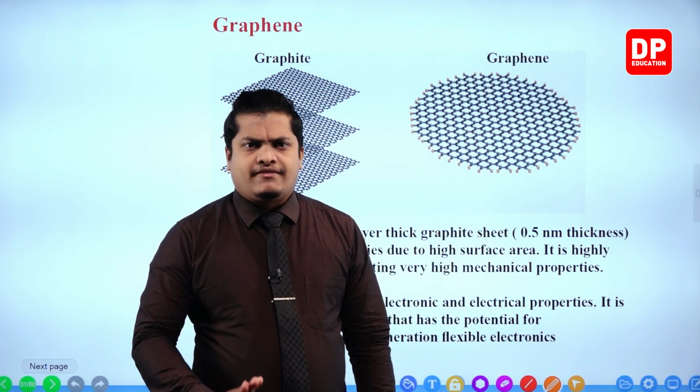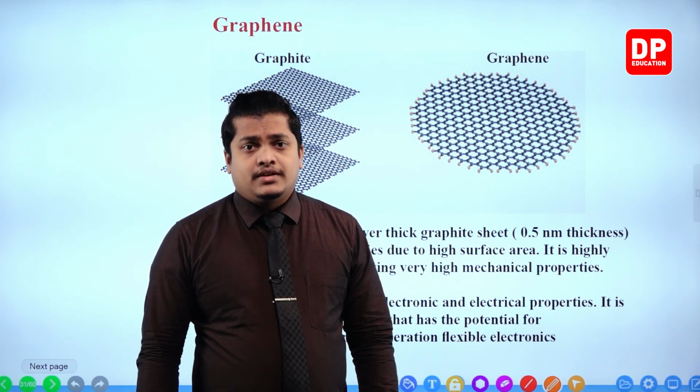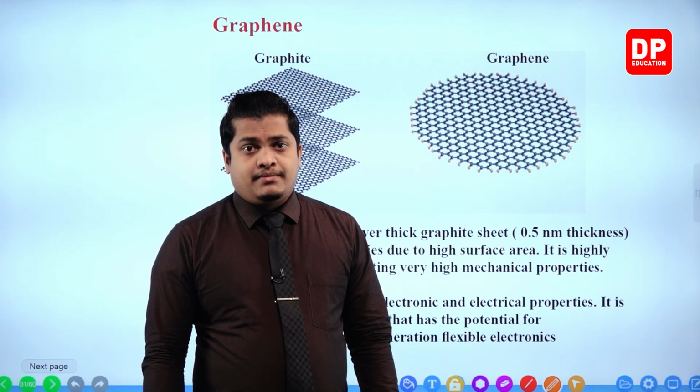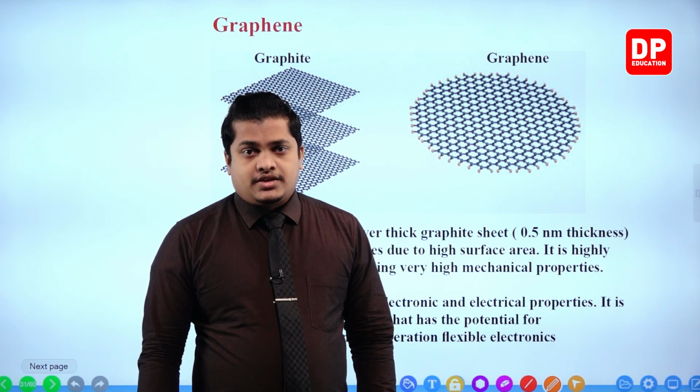You know that usually graphite is a good conductor of electricity. However, unexpected conducting abilities can be observed within graphene. So it's a revolutionizing material which is used in the electronic industry.